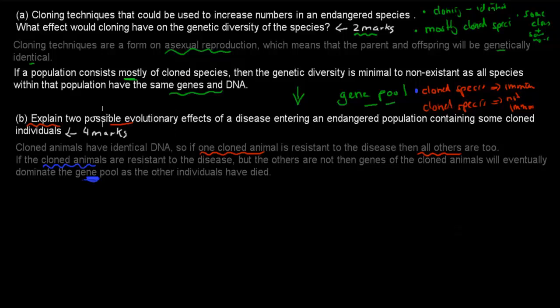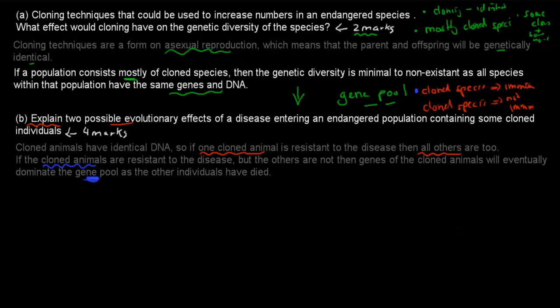We said there were 2 possible pathways. Pathway 1 is if the cloned species are immune and the other ones are not, then the gene pool is dominated by the cloned animals' DNA and genes.